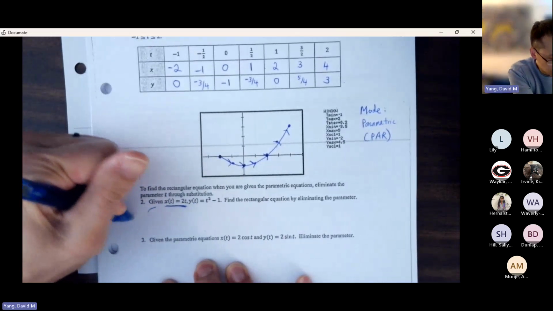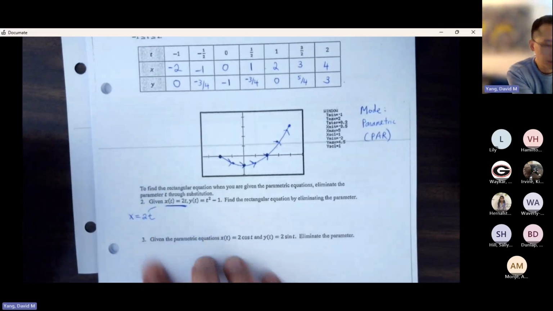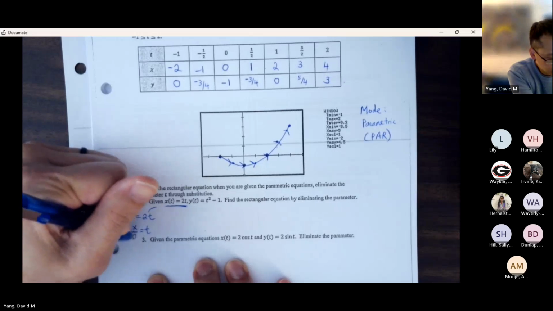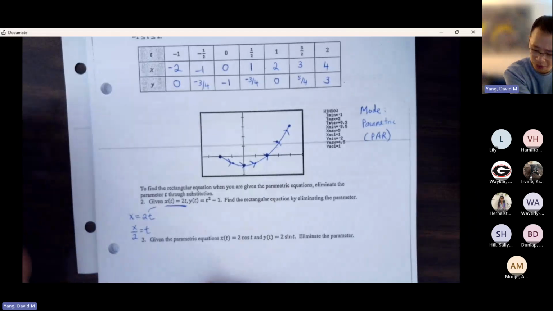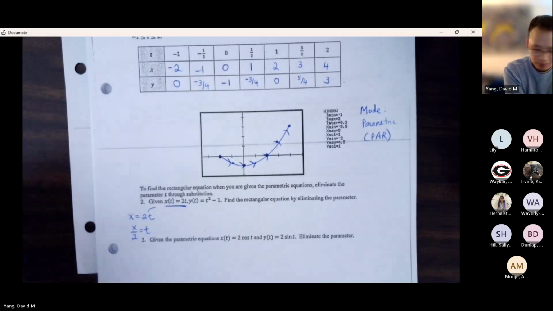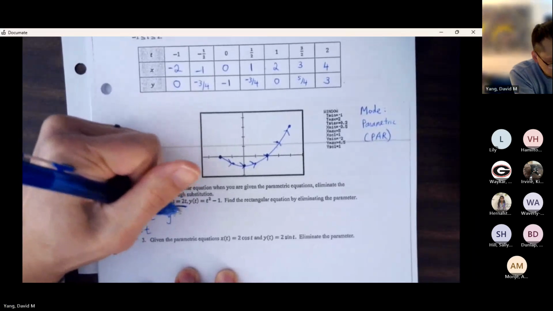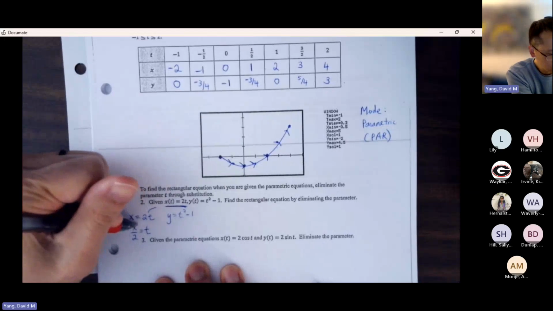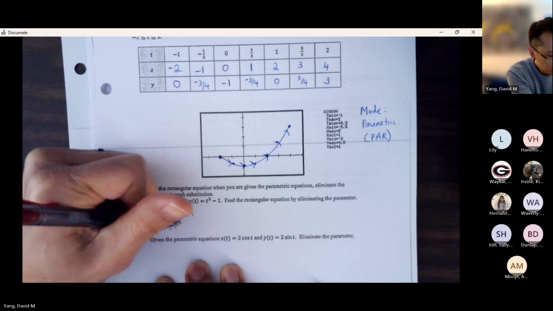So this is x equals 2t. I'm going to solve for t. So divide both sides by 2. So now that I have x over 2, I'm going to take that and put it into my y equation. So I know t is x over 2. So I'm going to take this x over 2 and put it into the t of my y equation.